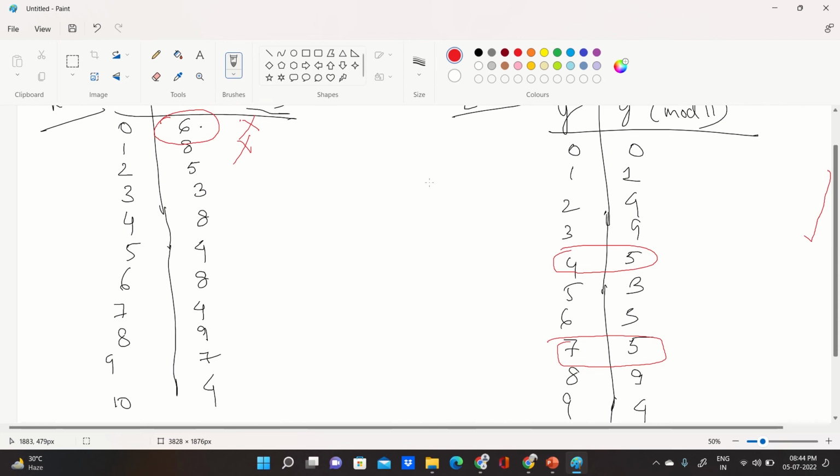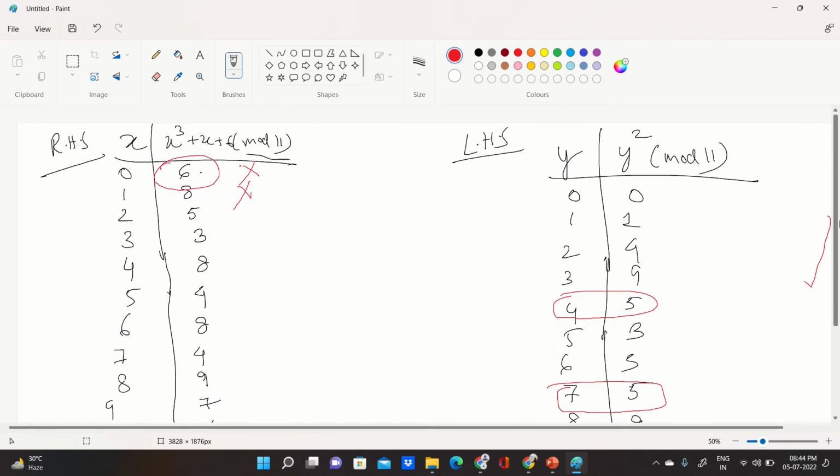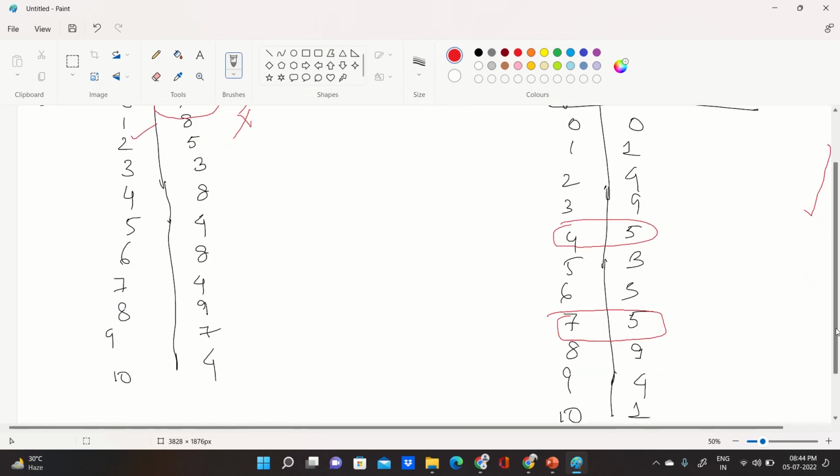So how am I going to write it like this? If the x's value is 2, here x's value is 2, correct? I have RHS 5, similarly 7 also.